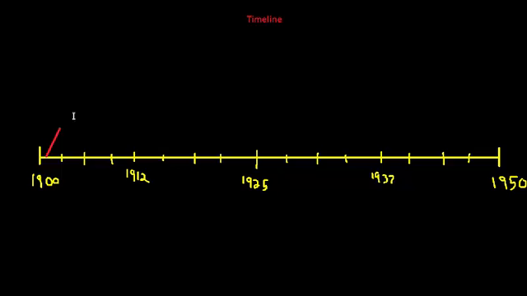So in this case, Theodore Roosevelt, who started in 1901. So now, it's obvious to see that in 1901, Theodore Roosevelt became president.